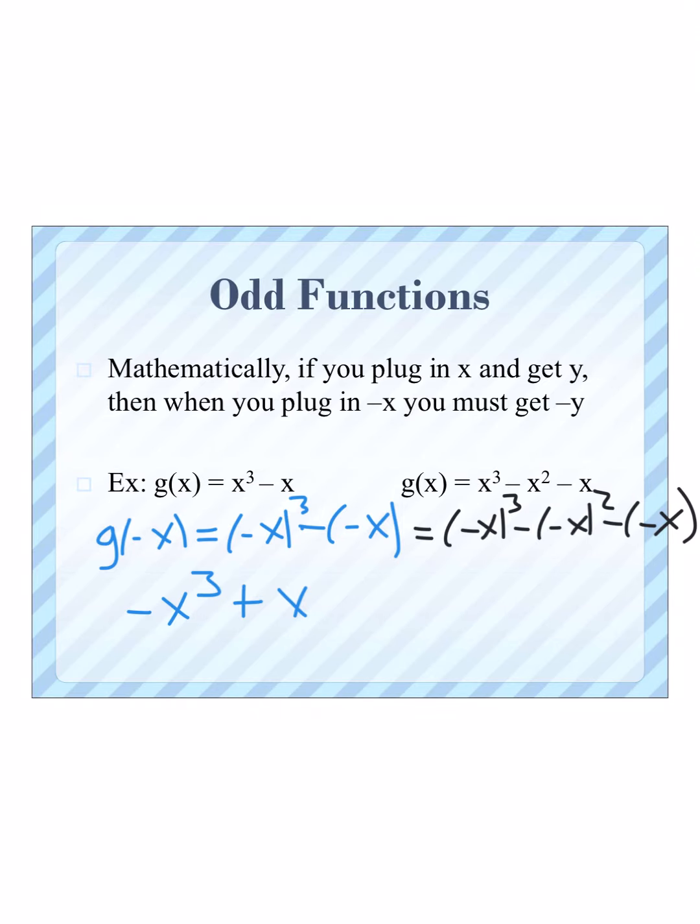When I simplify this, we do get that negative x cubed, but minus the negative x squared is going to be still minus x squared, right? We get positive x squared from squaring the negative x, but we are subtracting that, so we still have that negative there. And then for my last term, we do get a plus x, but our x squares did not change, they stayed the same, so we do not have an odd function.